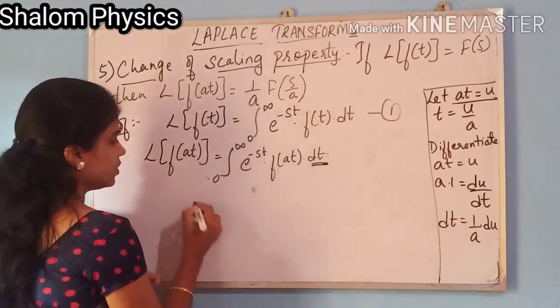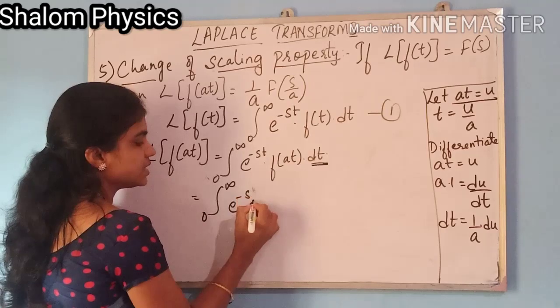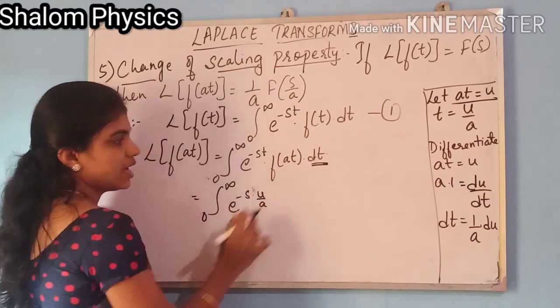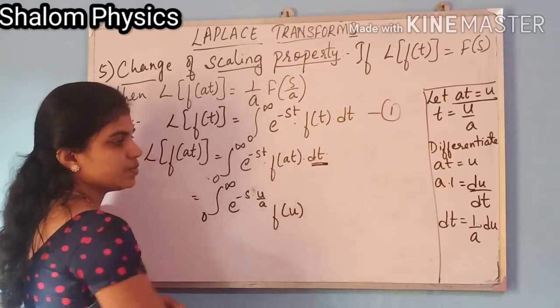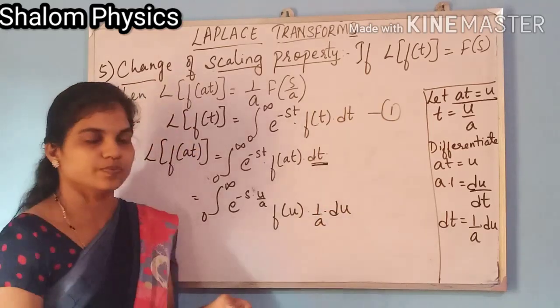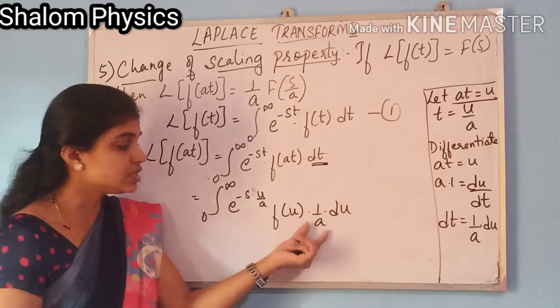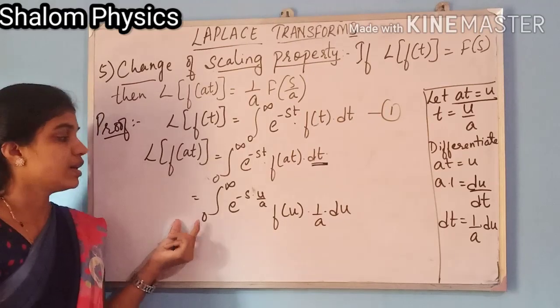Let's substitute. What will we get? We are getting integral from 0 to infinity e raised to minus s into, what is t? u by a. And what is f(at)? It is f(u). And what is dt? It is 1 by a into du. And what is 1 by a? It is a constant. So this constant, I can remove outside the integral sign.